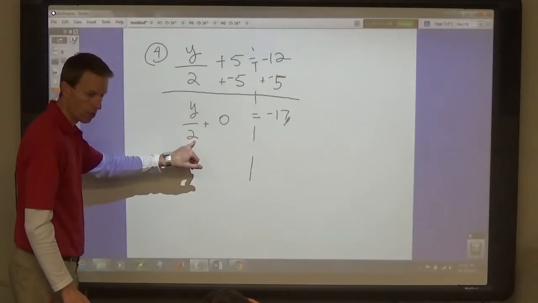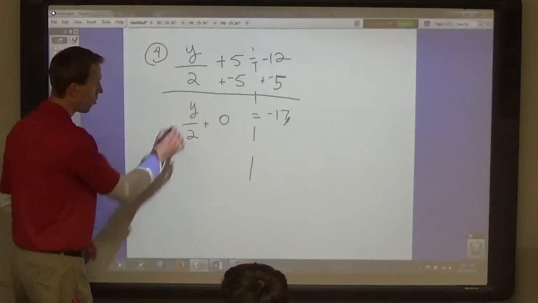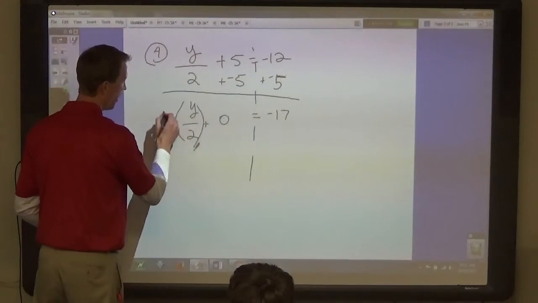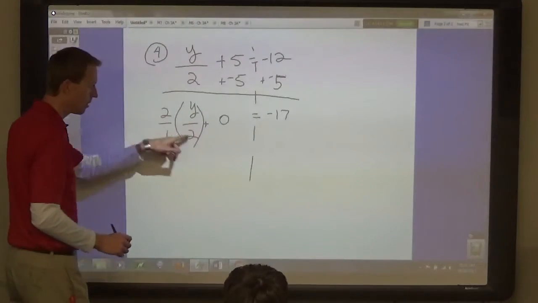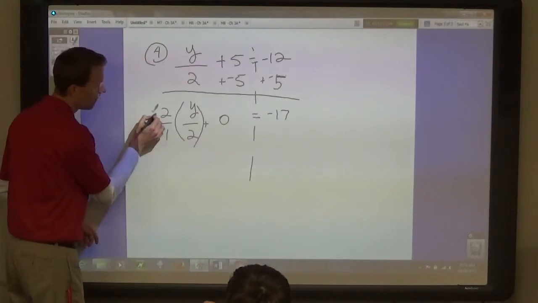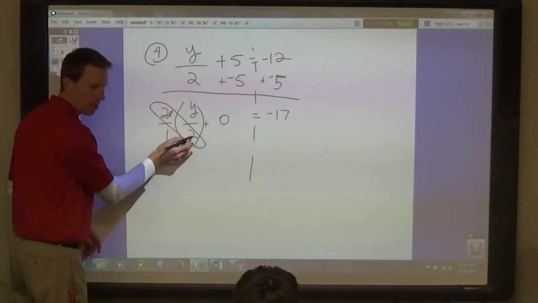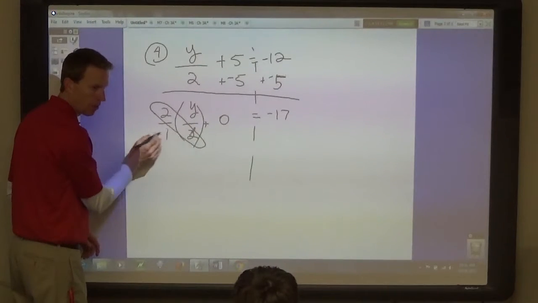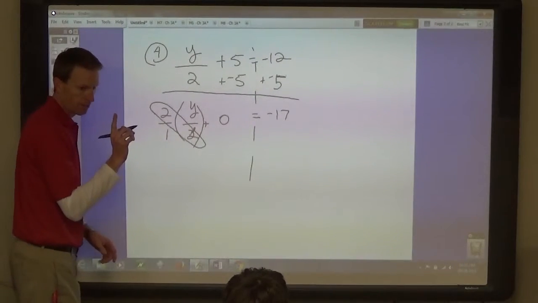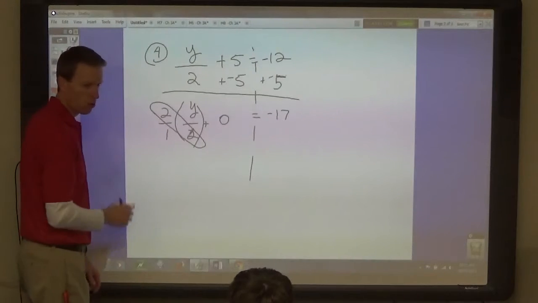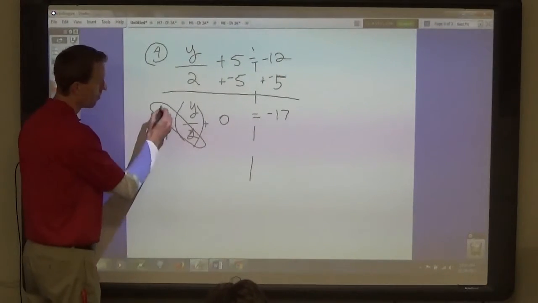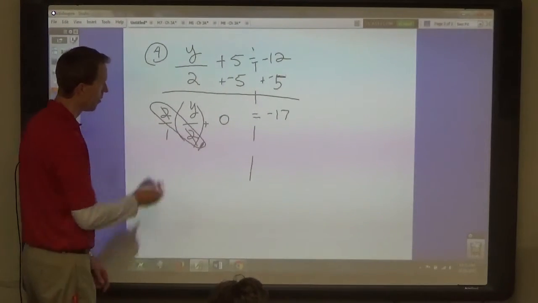We have to get rid of the 2. If it's over 2, we have to multiply by 2 over 1. That's the reciprocal. We're looking for a number on the top and the same number on the bottom, which equals 1. 2 over 2 is 1. We want to be able to cross those out and write 1.